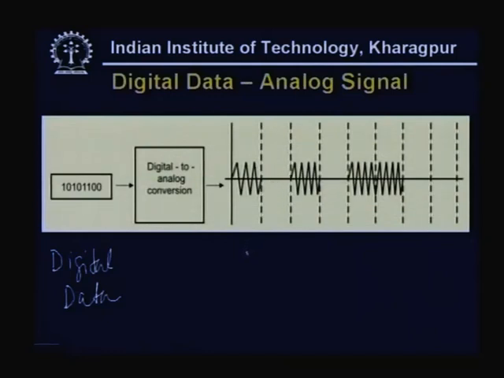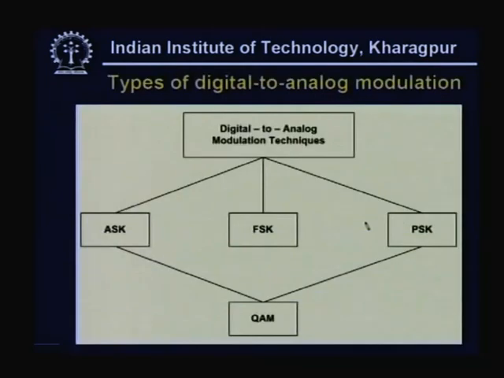This corresponds to logic bit 1, this corresponds to 0, this corresponds to 1, this corresponds to 0, this corresponds to 2 ones, then 2 zeros. So this corresponds to the data that we are transmitting. But instead of sending 1, we are sending an analog signal. For 0, you are not sending anything like that. And this is your analog signal.